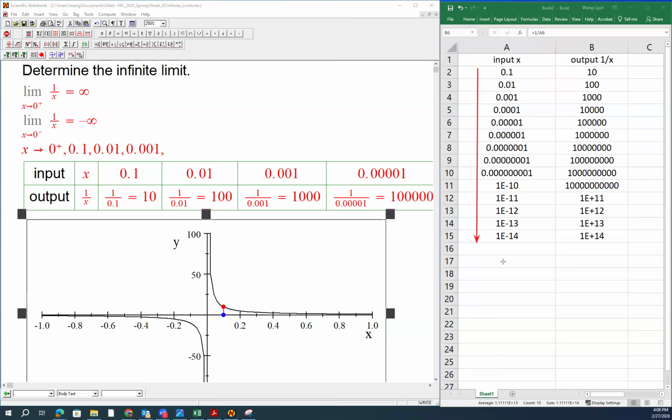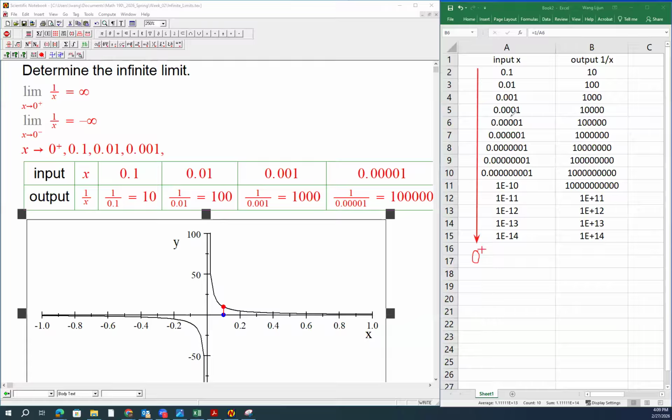Approaching 0, right? Oops. Sorry. Erase. Let me grab the draw tool. So that's approaching 0 from larger than 0. Okay, so that's what it means.